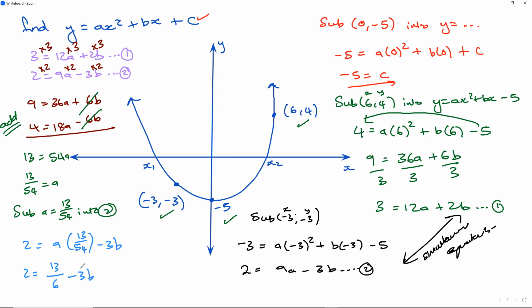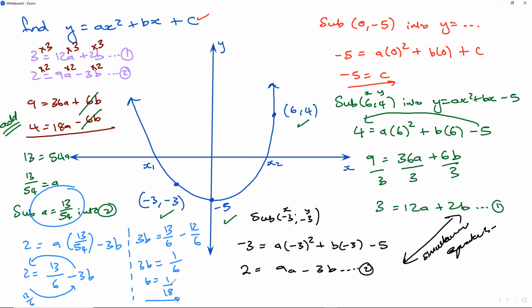Then moving it across, 3b equals 13 over 6 minus 2. I'm changing 2 into 12 over 6 so I can have a common denominator and get 1 over 6. Then divide both sides by 3 and get 1 over 18. That's going to be my b value.